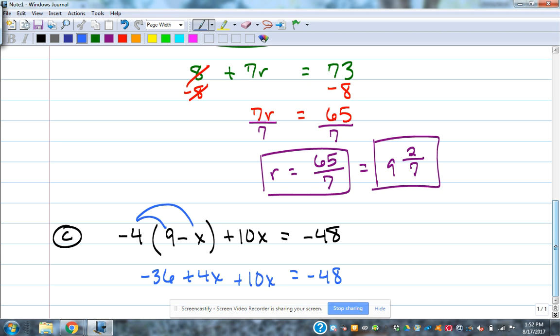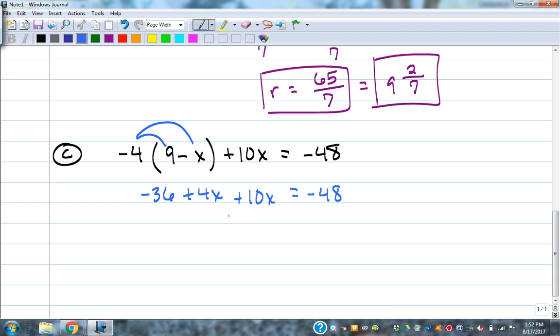Yeah, combine the like terms. Next. That'd be 14x. And we still got the -36 on that side too.